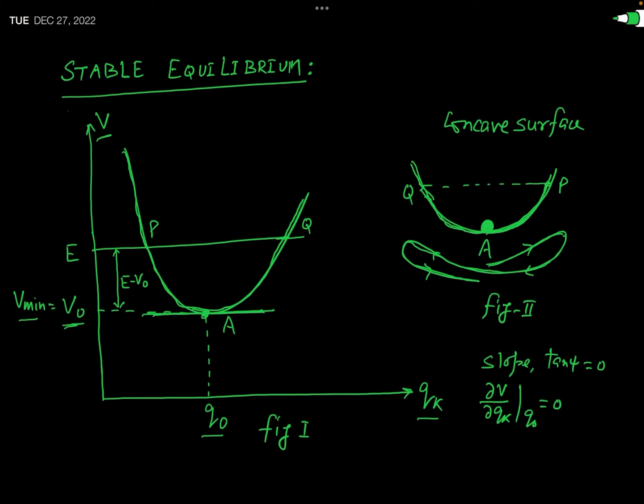So slope is 0. And it is also found that when we take the second order partial derivative, del 2V by del qk square, this will be positive, because a small displacement from position A increases the value of potential energy.